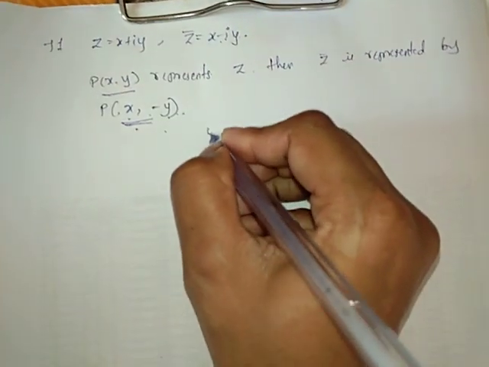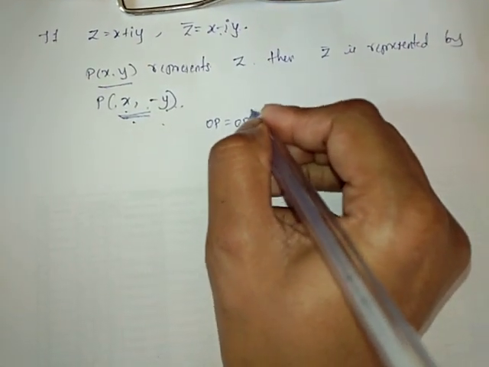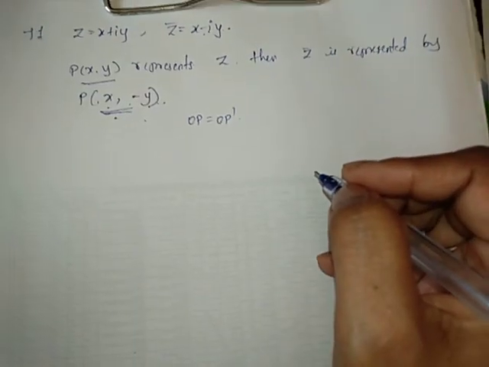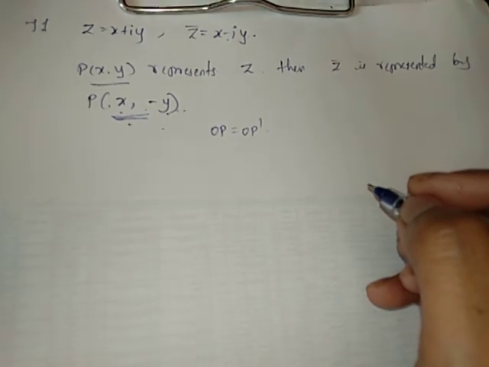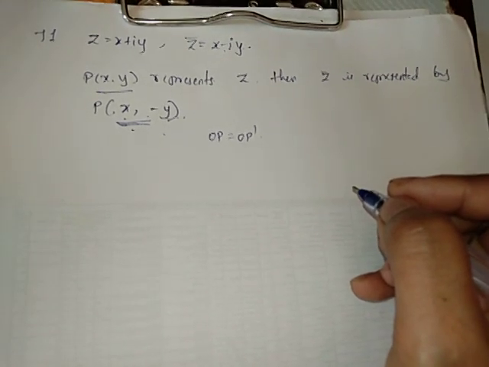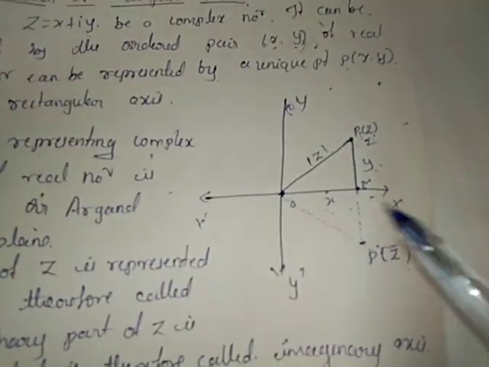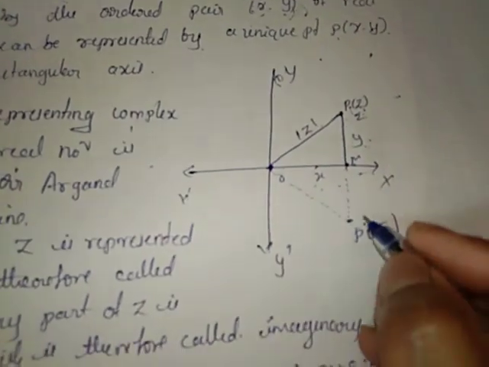Here, since OP equal to OP dash, see the diagram here, consider this as P dash.